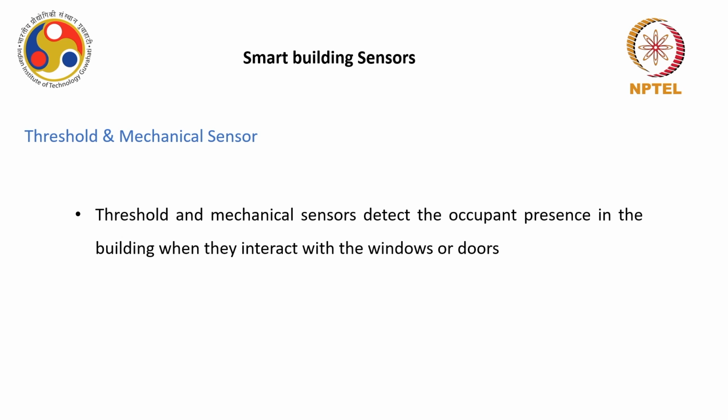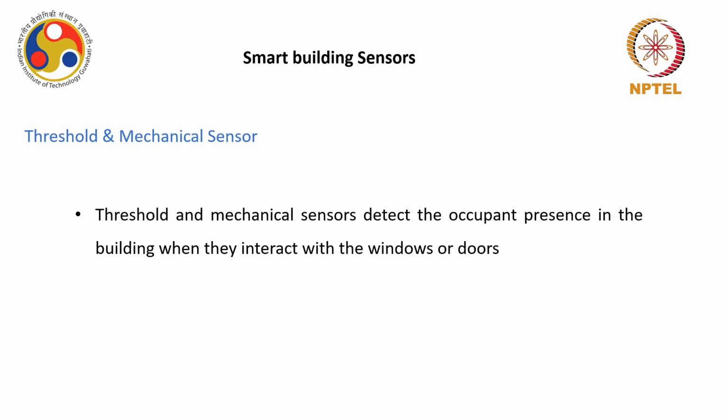Okay. Similarly for Bluetooth based devices and these GPS based devices. Similarly for the outdoor ambient also, this GPS device can work for tracking the occupants. Okay. Then since we are discussing the smart building sensors, we will keep our discussion to the smart buildings only.